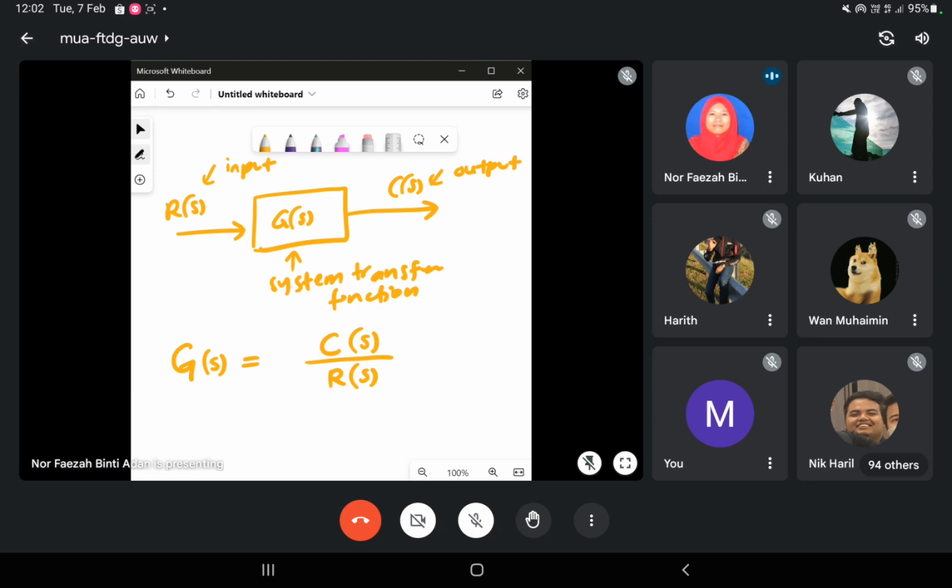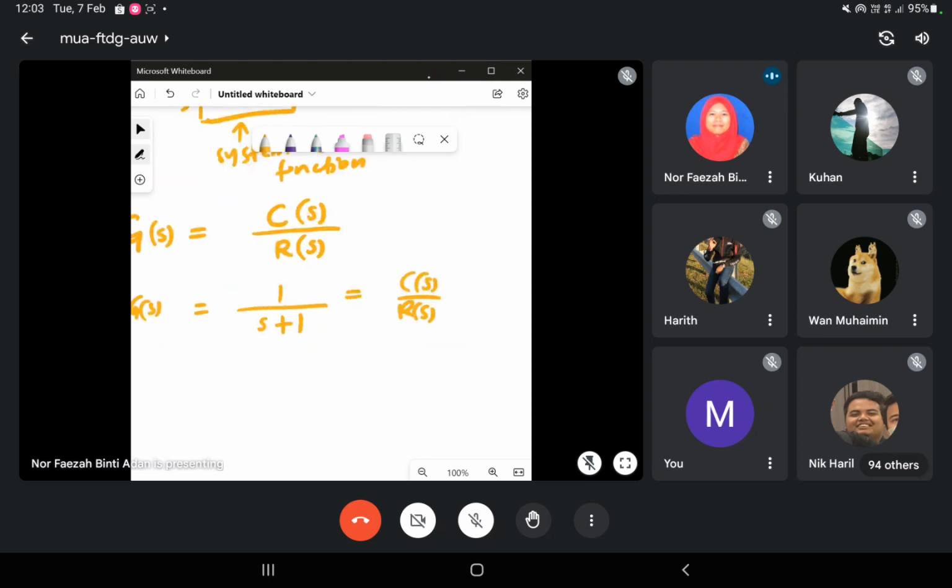Now, say you want to find, like our earlier example, the differential equation of the system when you are given a transfer function. Say the transfer function given is G(S) equals 1 over S plus 1. We know that G(S) equals C(S) over R(S).